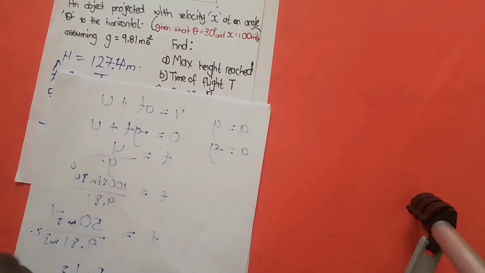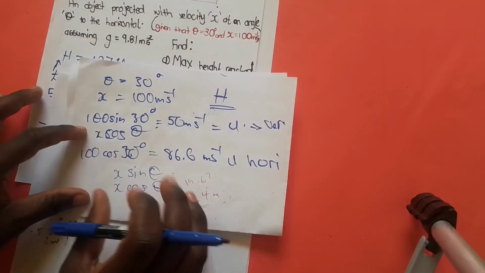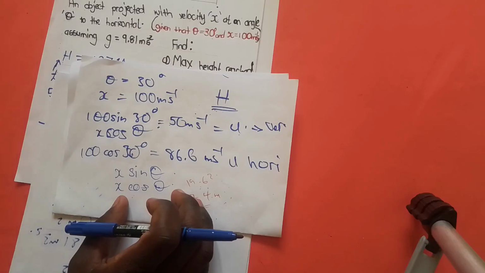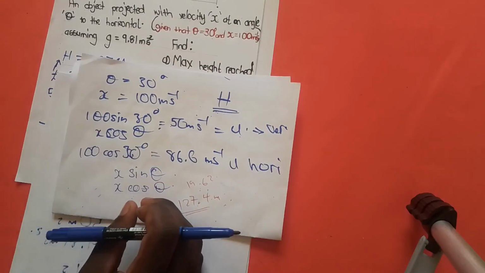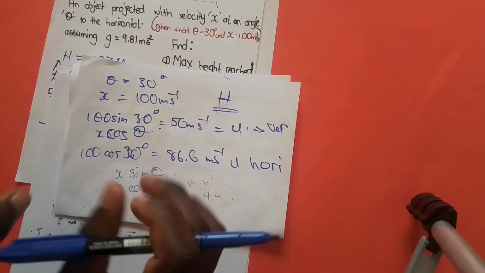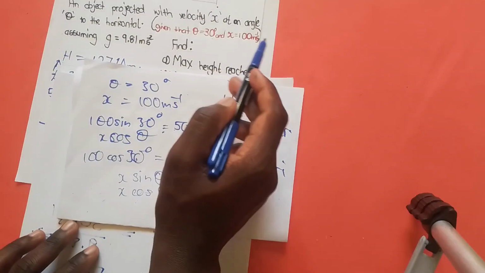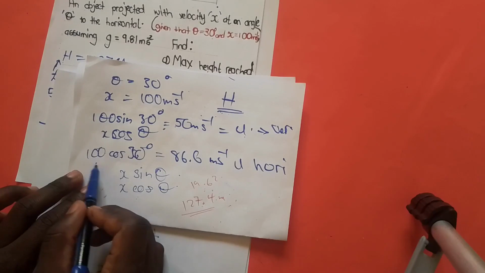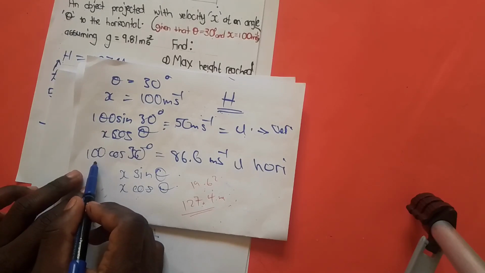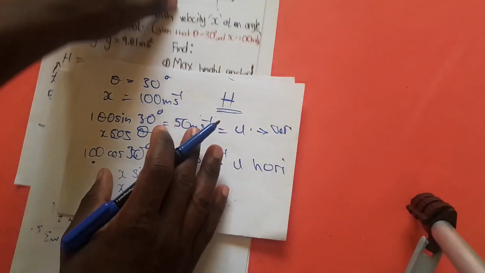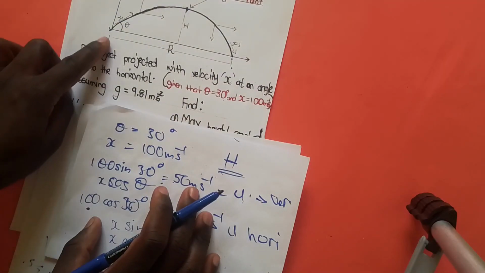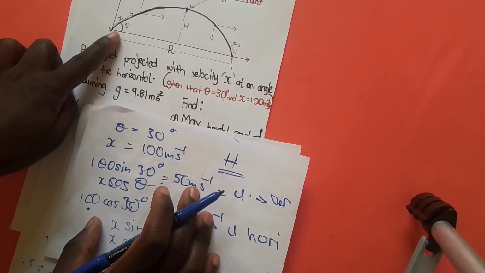I've told you earlier that the horizontal velocity of the projectile is x cos theta, in which x is the velocity of projection. The velocity of projection from the question is 100 meters per second, so this is 100 meters per second cos 30 degrees, where 30 degrees is the angle of projection.